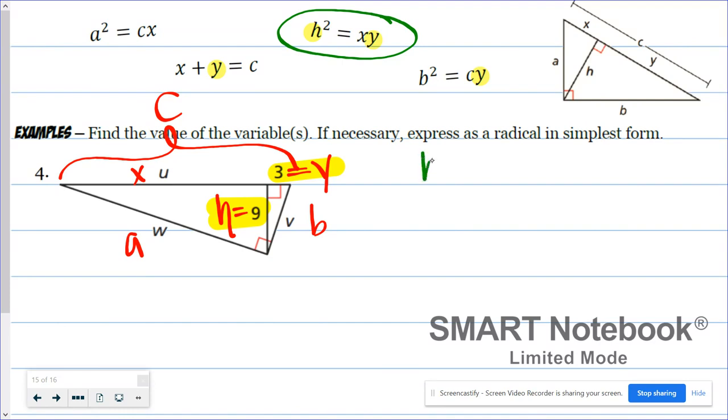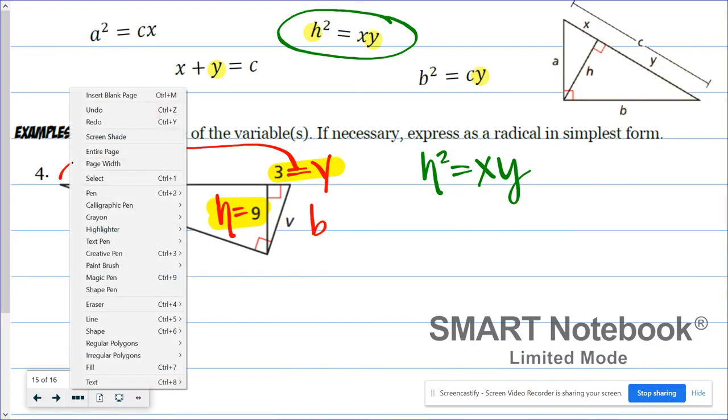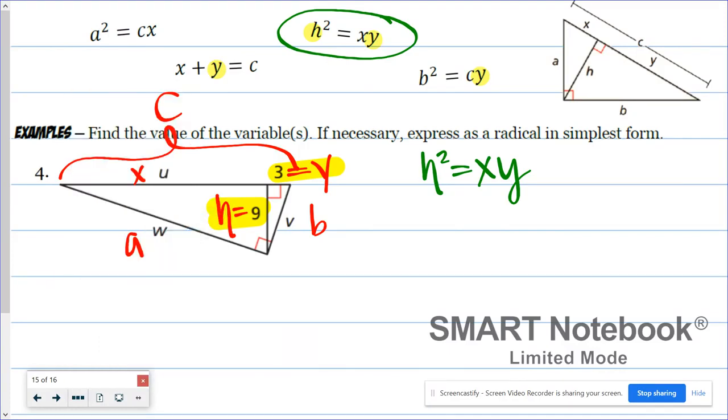So H squared equals X times Y. And now I'm going to use the variables and values from this problem. So H has a value of 9. What we call X, they're calling U. So I'm going to bring their variable in.